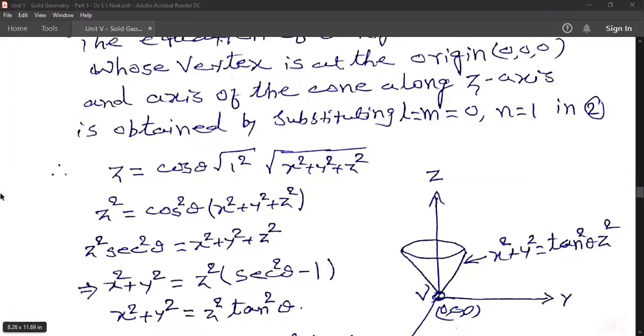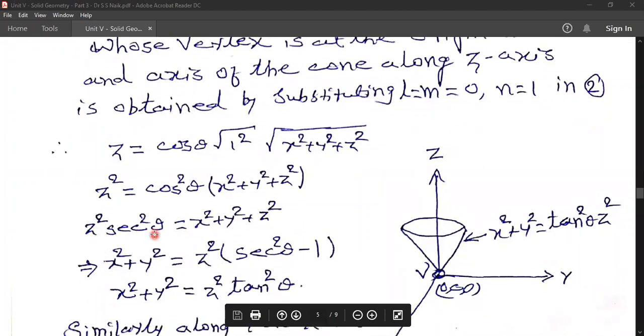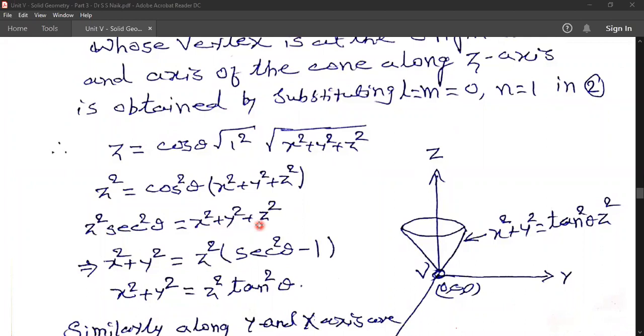Then go on simplifying. When you go on simplifying, if I square this value, this becomes z square. z square is equal to cos square theta into x square plus y square plus z square, as the square root will get cancelled. Then this cos square goes on this side and becomes 1 upon cos square, which is secant square. So therefore z square into secant square theta is equal to x square plus y square plus z square.